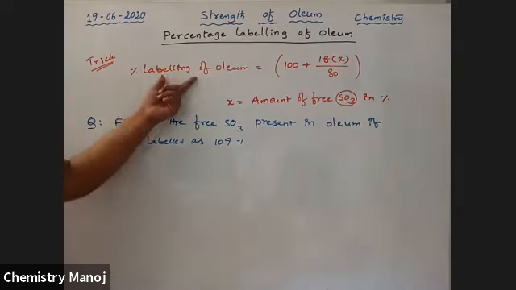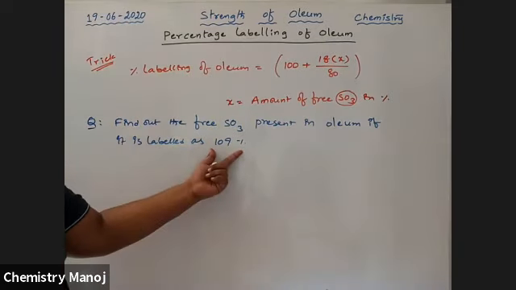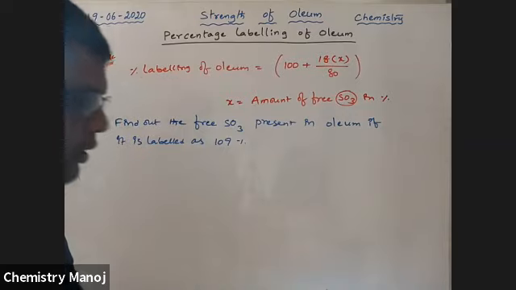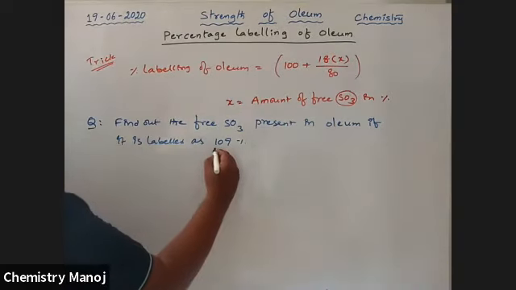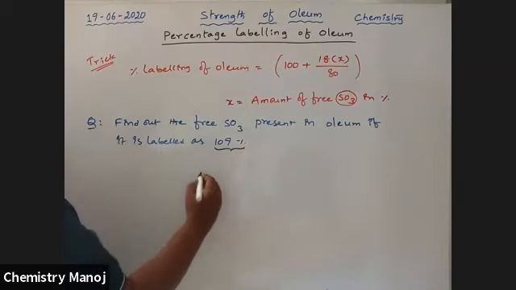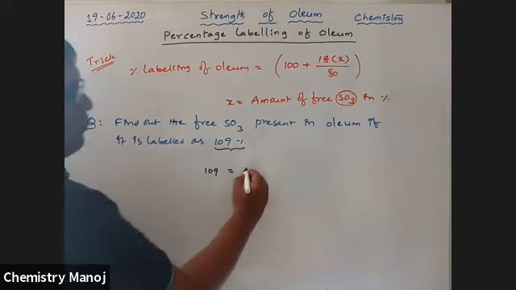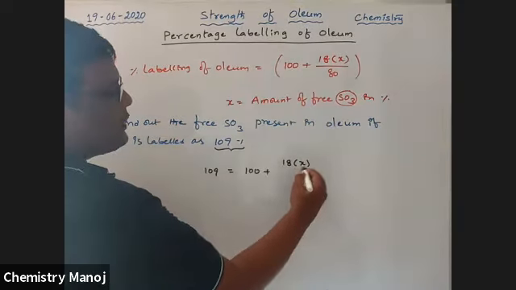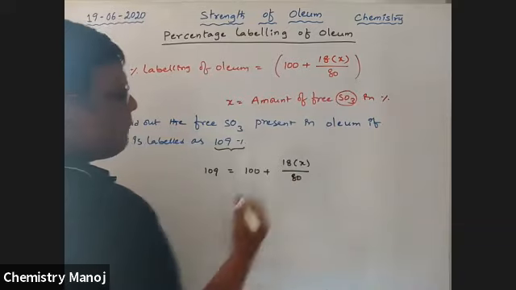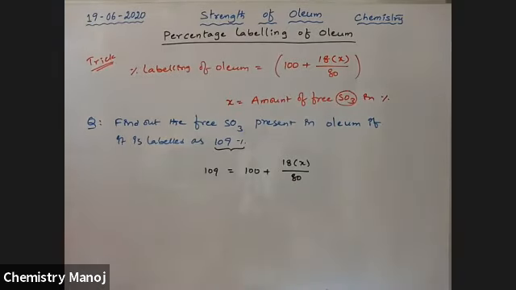That means the percentage labeling of oleum is given to you. So 109 is equal to 100 plus 18x by 80.